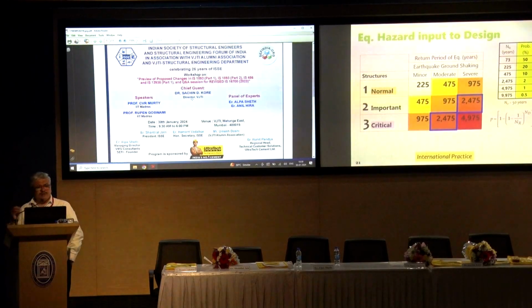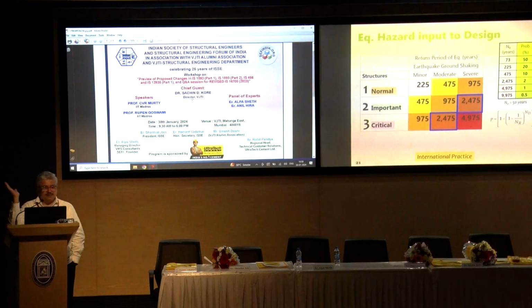Essentially, when we design, we always take a risk, we consider some probability of that particular level of demand being exceeded, what we call the probability of exceedance. So essentially, if we consider a regular, normal structure to have a design life of 50 years, and then we say, okay, I will consider a 10% probability of exceedance, that means whatever value I consider in my design, there is a 10% chance that it is going to be exceeded.